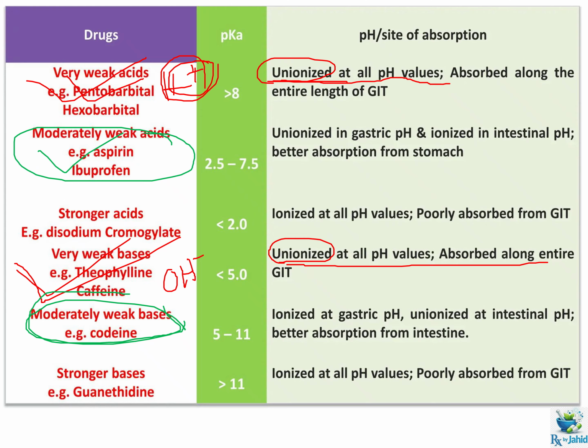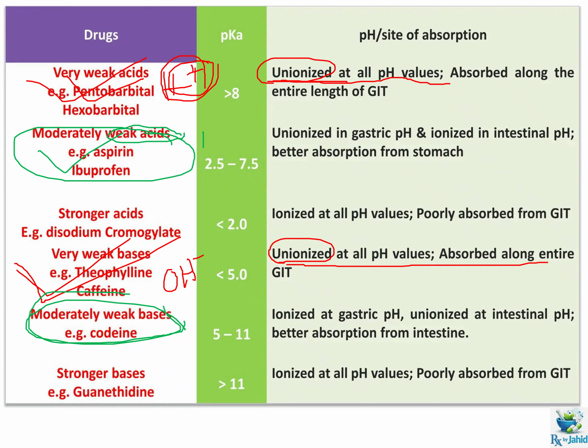Okay, so what is happening? Let's just think that a weak acid, if it is in the stomach, would be in contact with HCl, that is acidic condition. So a weak acid in acid will be unionized. Why unionized?